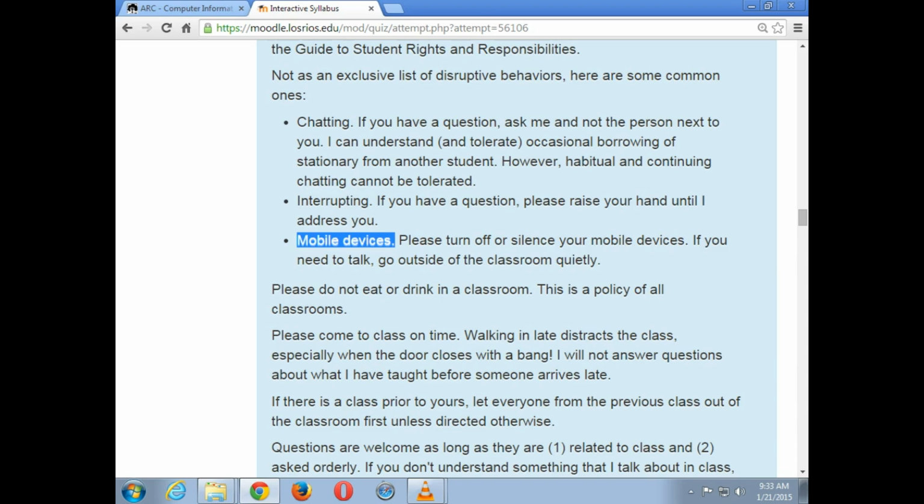Are there any questions about all of these items? These are just examples of things that can distract other students. Okay, so there may be other things that I am not covering here that can still be distracting. In this classroom, and also all of our classrooms here, you can see a big sign that says no food, drinks, phones, or kids.